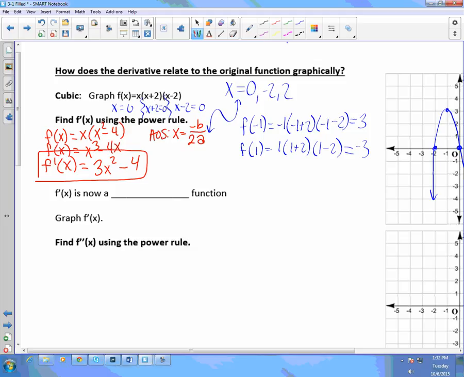What's b? Is b negative 4? No, b is 0. The b to the first power, the x to the first power, is missing. So b is actually 0 all over 2 times 3. So our x coordinate is 0. Now I can find the y coordinate.